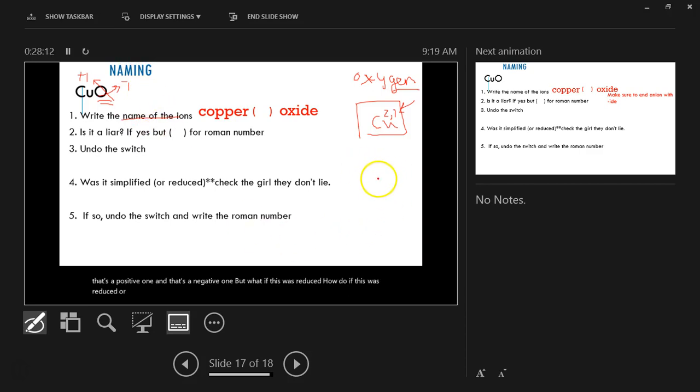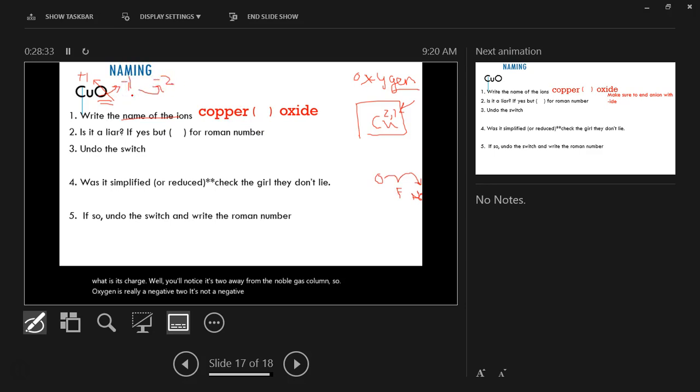Because you go look and you find oxygen on the periodic table and you see what is its charge. Well, you'll notice it's 2 away from the noble gas column. So actually, oxygen is really a -2. It's not a -1.